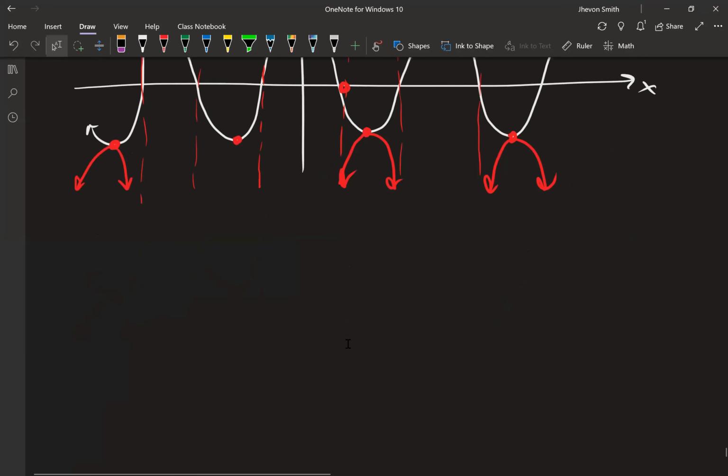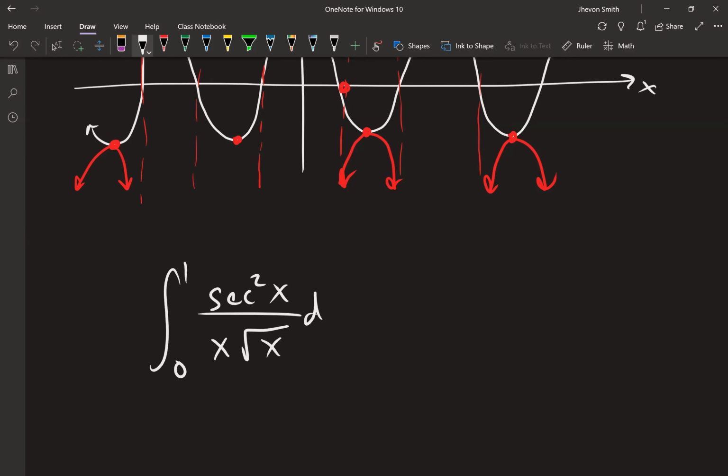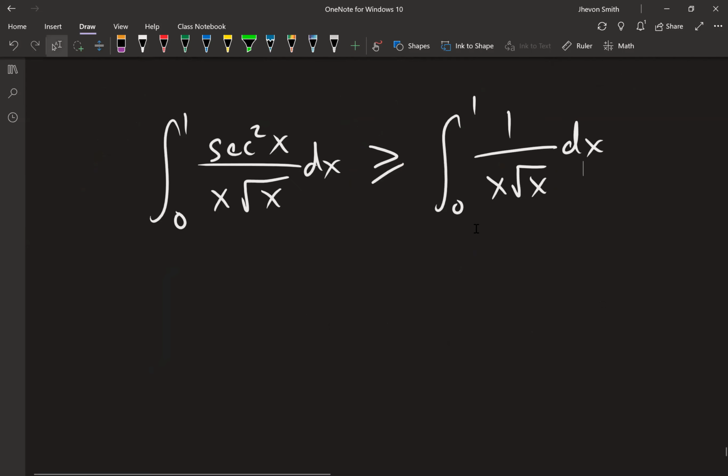So now what you notice is that if I look at this guy, that is going to be bigger than this guy. And what we can do is we can focus on this guy.